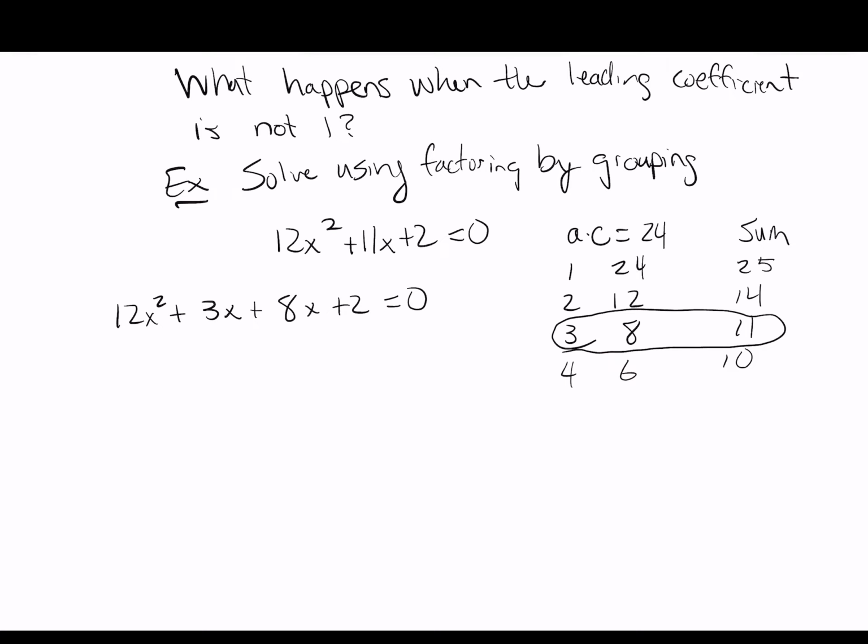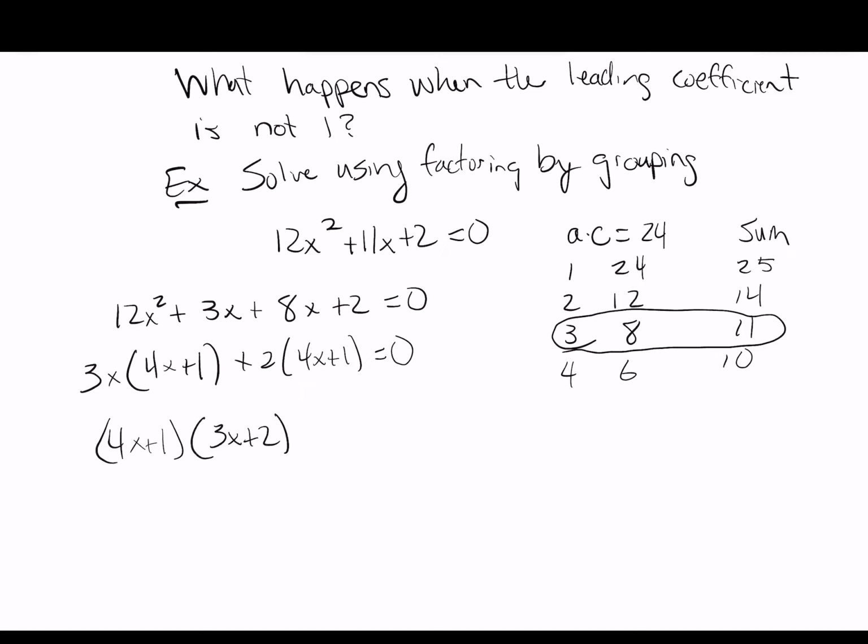We want to factor out a 3x, and that leaves us with 4x plus 1, plus, and then in the second we can factor out a 2, which gives us 4x plus 1, equal to 0. Now we have a common factor of 4x plus 1, and the second is 3x plus 2, equal to 0.